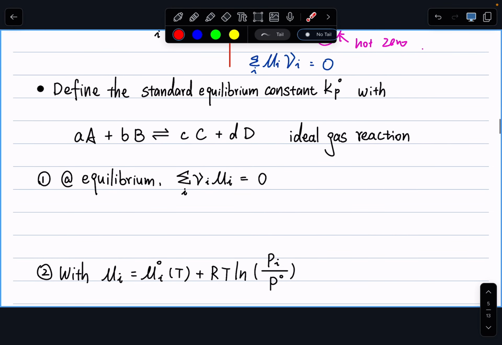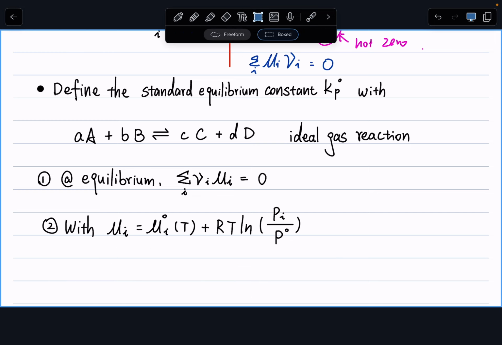In addition, we also have the fundamental thermodynamic relations to describe the chemical potential of an ideal gas mixture. So we have these two pieces of information. In the next part, we will use these two equations and a sample ideal gas reaction, aA plus bB goes to cC plus dD.